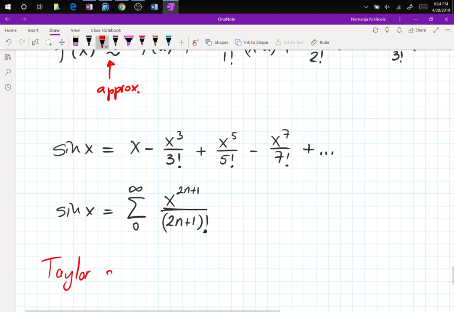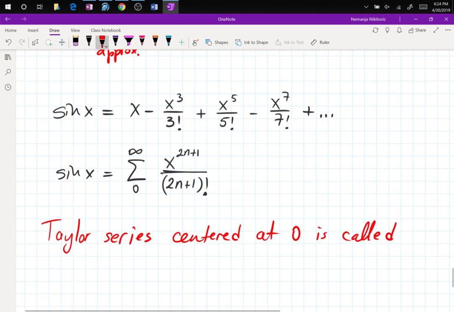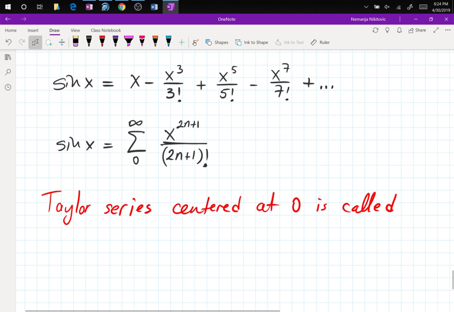Taylor series centered at 0 is called Maclaurin series. Just a name, right? Maclaurin series.